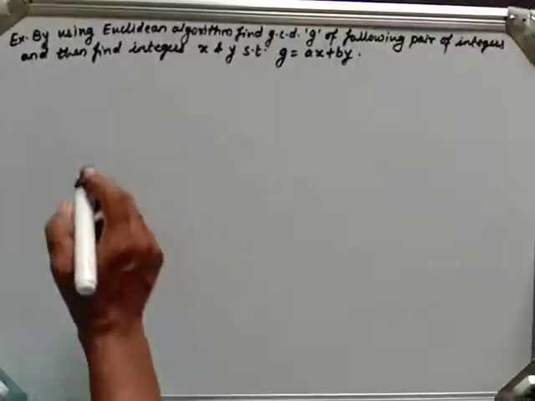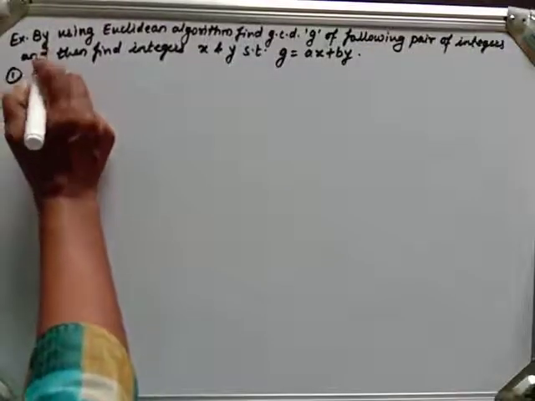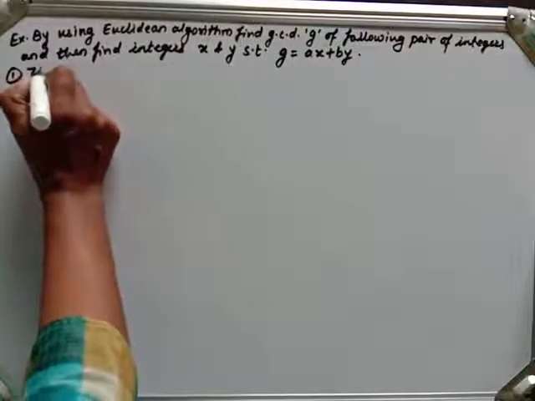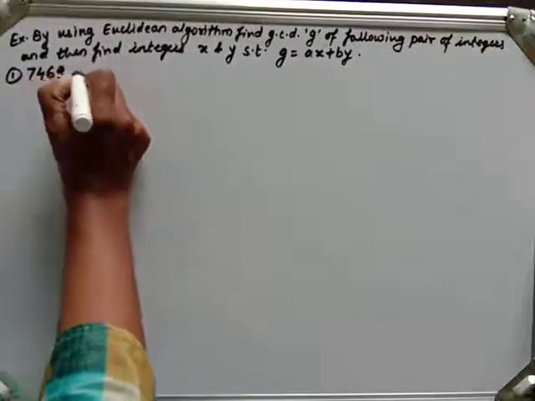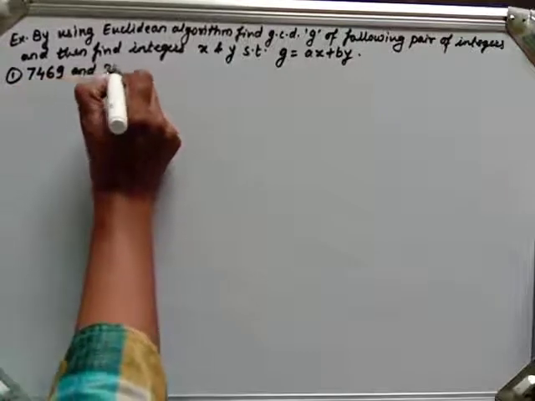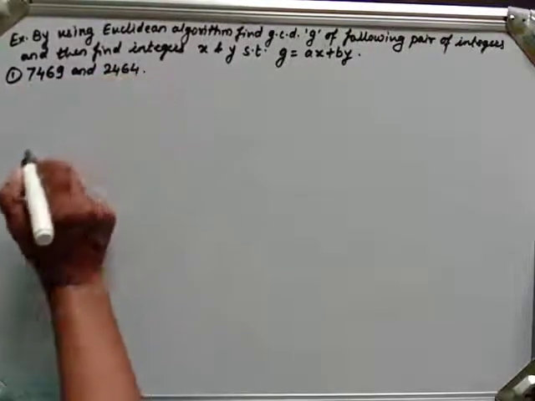Fine. So suppose the first pair is 2464 and 7469.